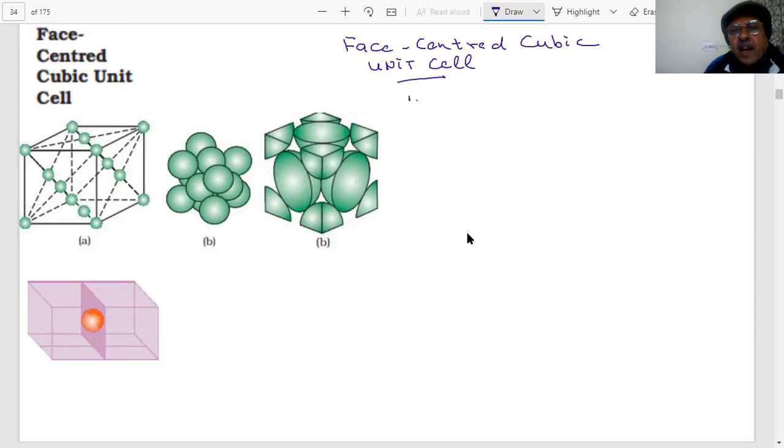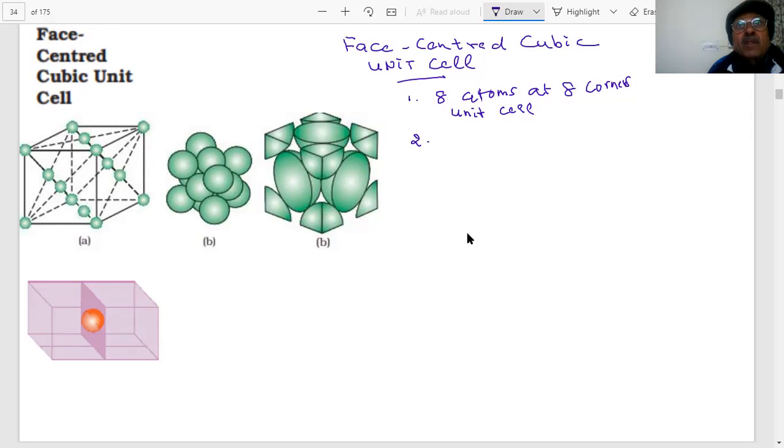first you have 8 atoms at 8 corners, students. 8 atoms at the 8 corners of the unit cell. And second, how many faces are there? 6.